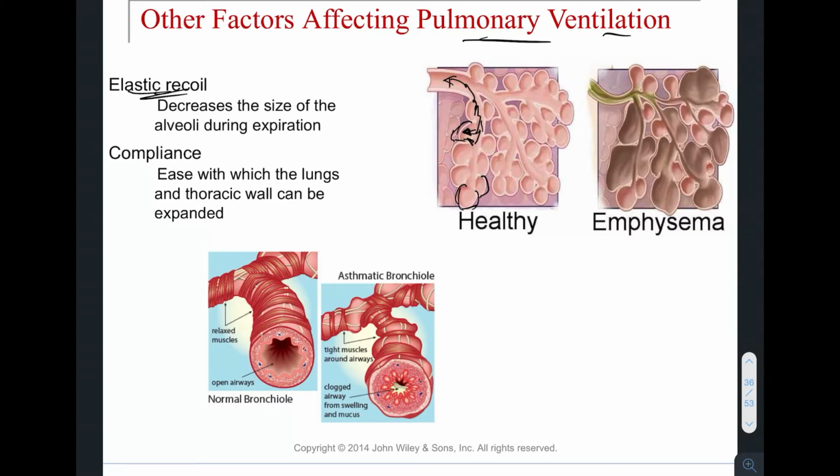So individuals who have smoked for many years can have emphysema, and emphysema is where the connective tissues start breaking down, and you can see that the shape of the alveoli are now no longer those nice round shapes, and that's going to cause that elastic recoil to go down.